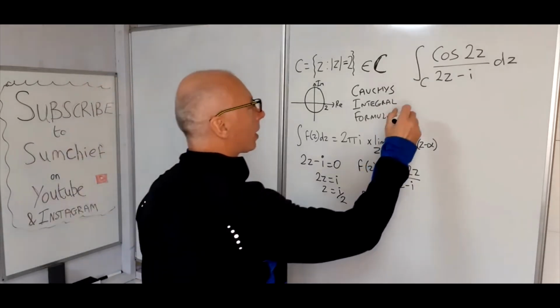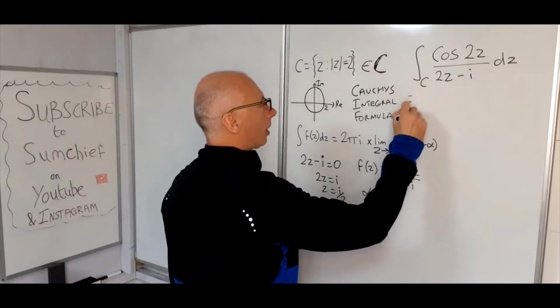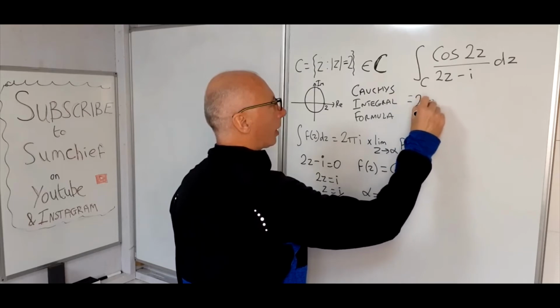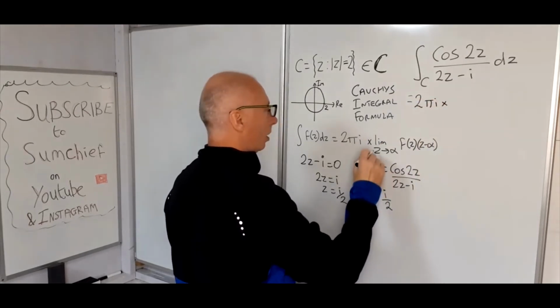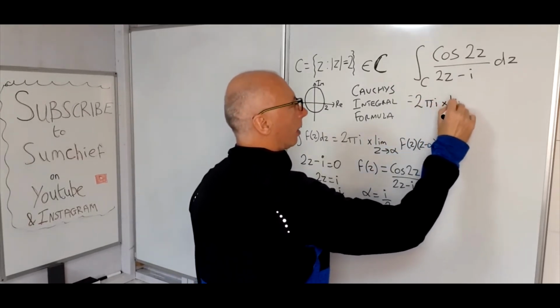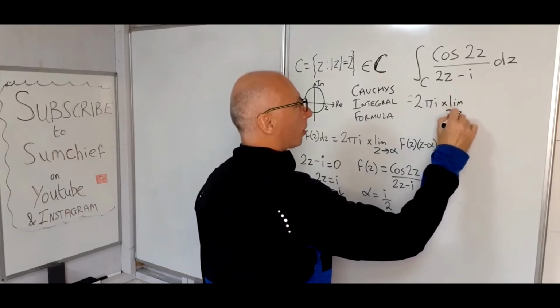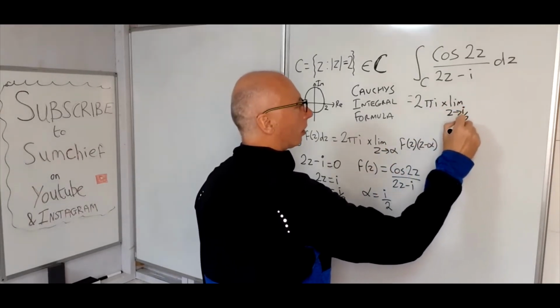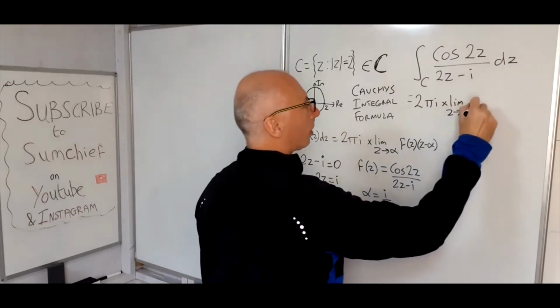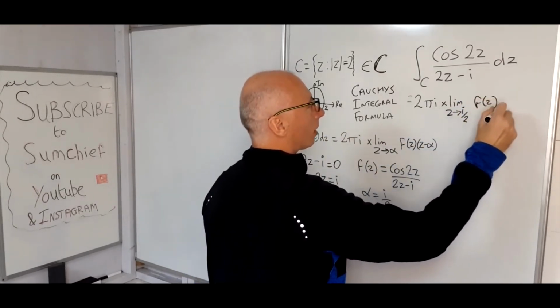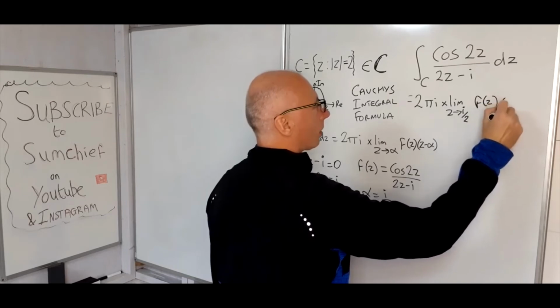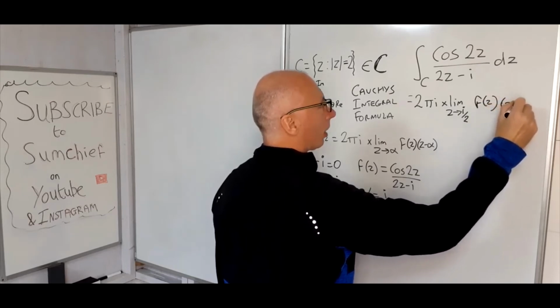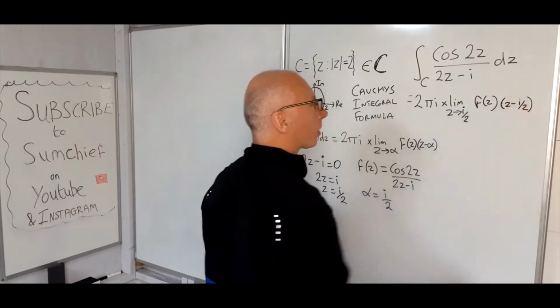Okay, so that's all our bits now to put into this formula. So what we can say now is the answer to this is 2 pi i times the limit as z approaches i over 2 of f of z times (z minus i over 2).